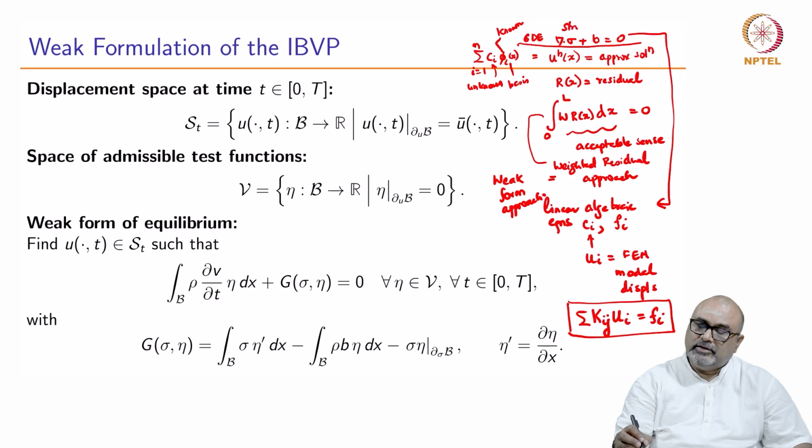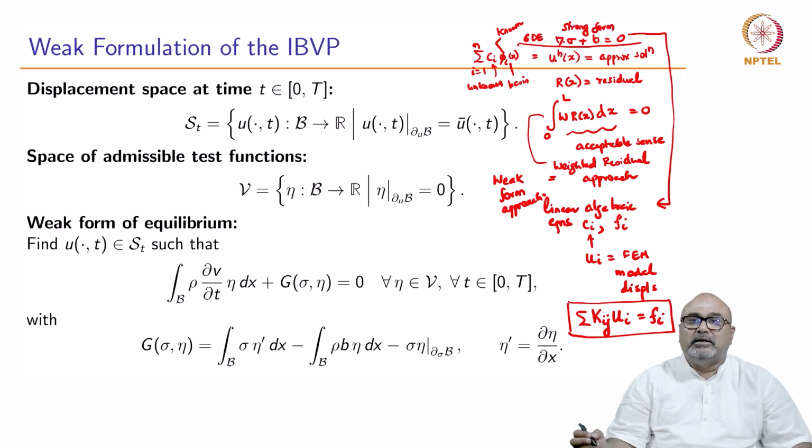The original differential equation is called the strong form, and the weighted residual approach, which is called the Galerkin approach when we have the same weights as that of the approximation, is going to give us what is called the weak form approach. This weak form approach allows us to have lower order continuity requirements on the approximation function, and that is what is adopted to get the solution.